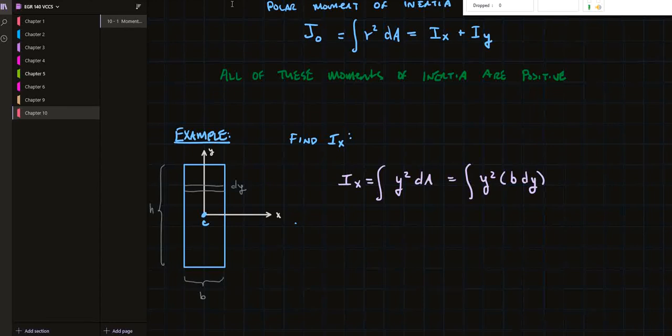We are going to solve this as y goes from minus h over 2 to h over 2. So from the bottom corner to the top corner here, we're going to sum up all those rectangles and find the integral of that.